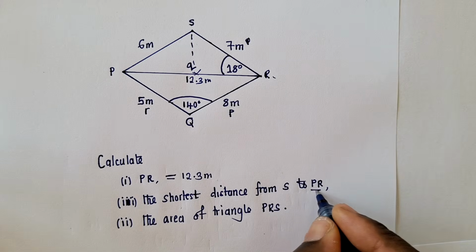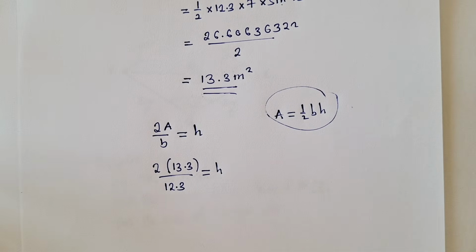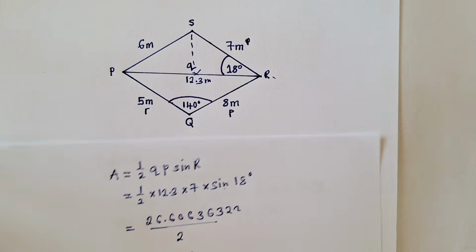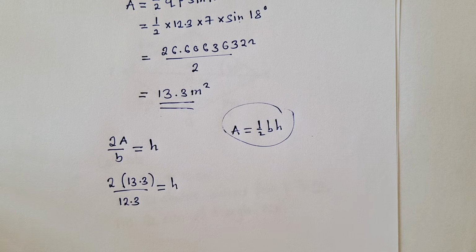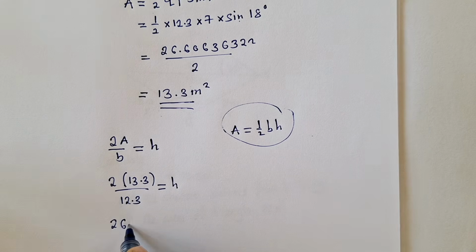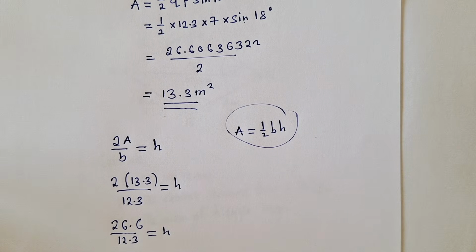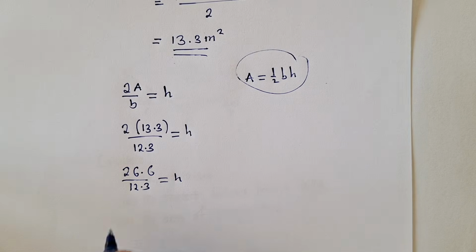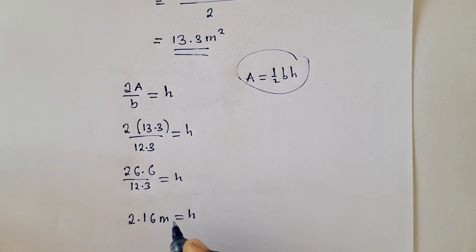It's the length which has been mentioned here, PR. PR is 12.3. So you now work out on your calculator 2 times 13.3, which is the area of the triangle that we've just gotten here. When you multiply 2 times 13.3, it's giving us 26.6 over 12.3 is equal to h. Divide by 12.3. This of course is giving us 2.16 meters as our h.